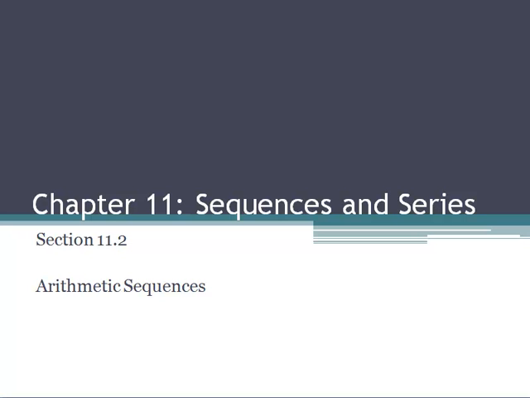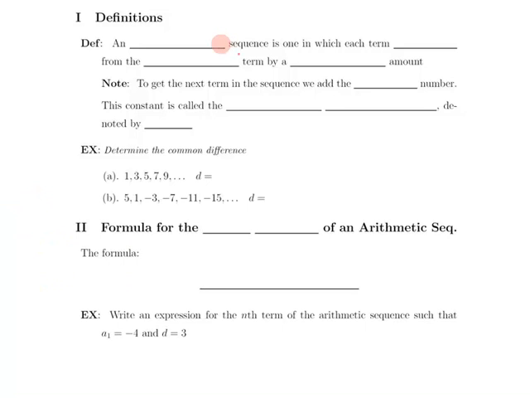So let's talk about, first of all, what is an arithmetic sequence? An arithmetic sequence is a specific type of sequence where each term differs from the previous term by a constant amount.